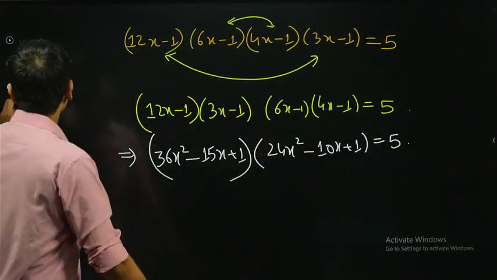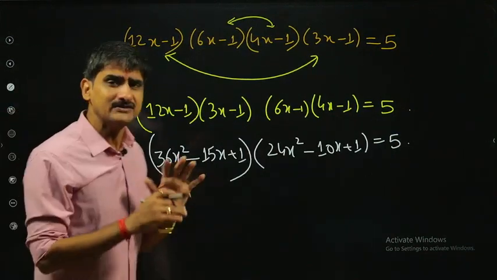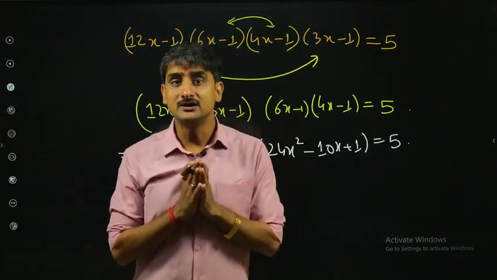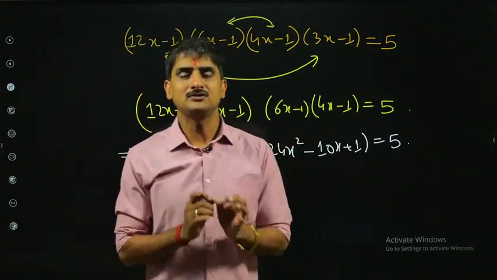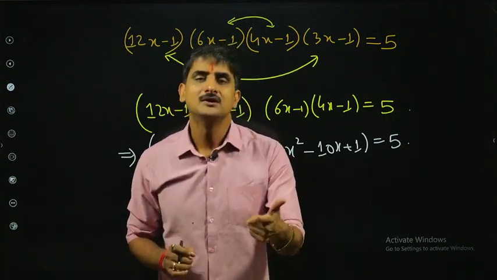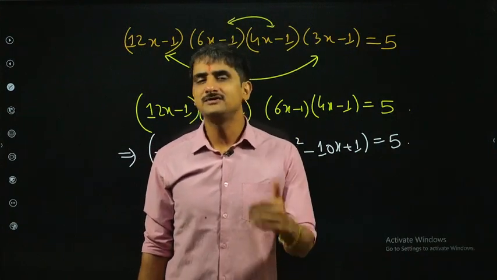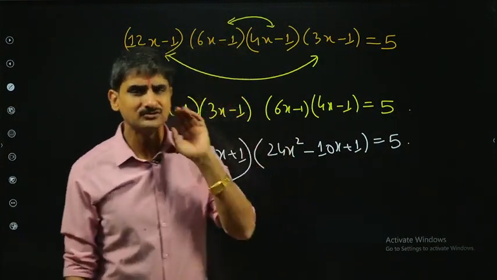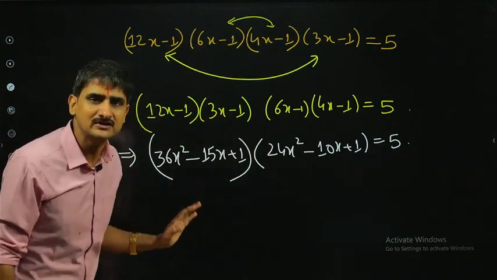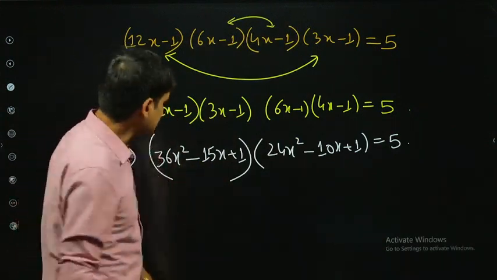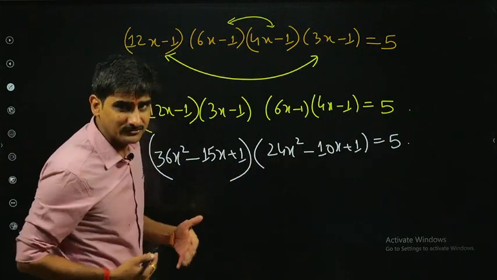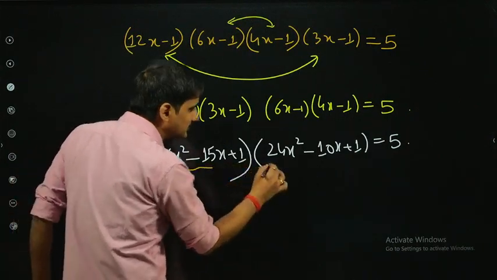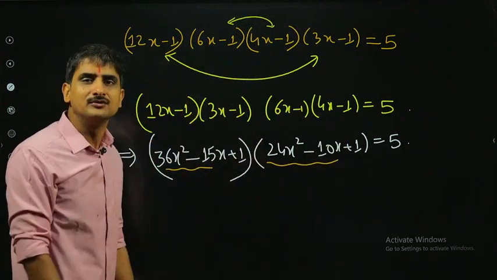Now, the idea is if we can convert any polynomial equation to a quadratic form, we are sure that we can definitely solve that equation. That's the whole idea behind doing all these things. Normally, if I follow these steps, these two terms match in both the factors.